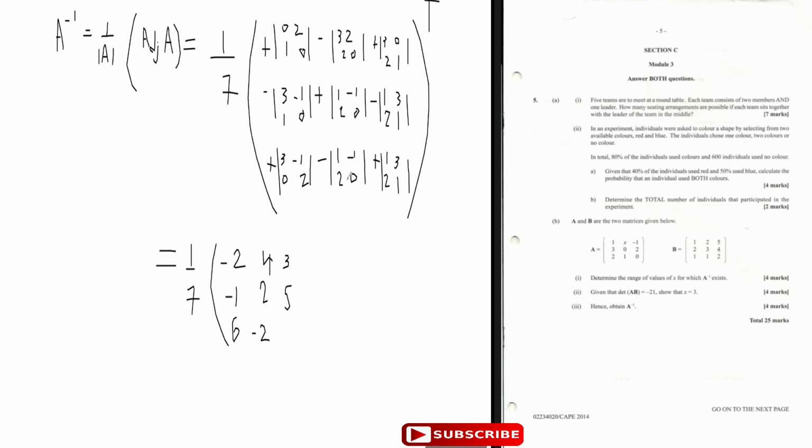Just to make sure this column is right, crossing out the 1, it's going to be 1 minus 1, 1 minus 1, 3, 2. So this right here should have been 3, 2. And here should be crossing out that, it's going to be 1, 3, 3, 0. 3, 0.